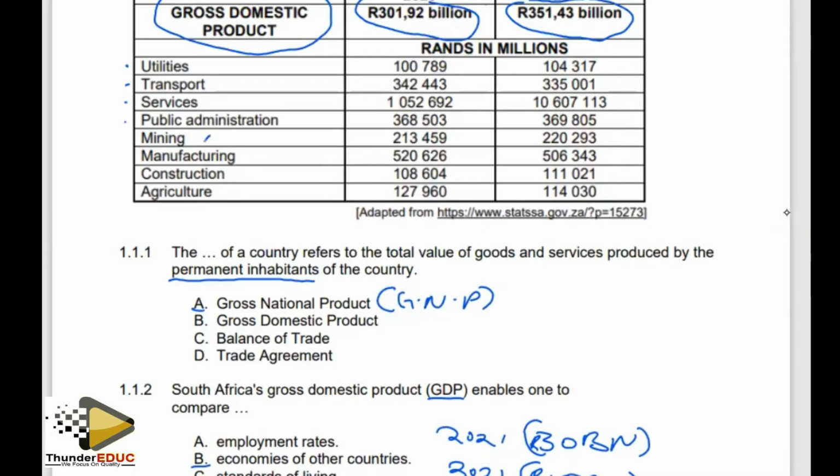If you look at mining, this is mining here. If we check its contribution in rands, you can see it was 213,459 million rands. It is for mining. That is agriculture.